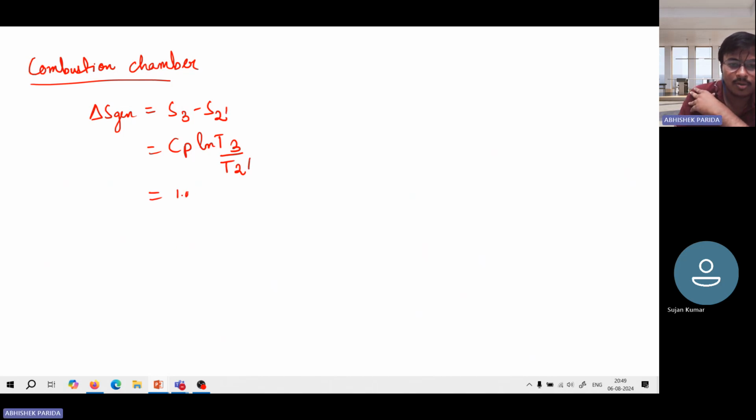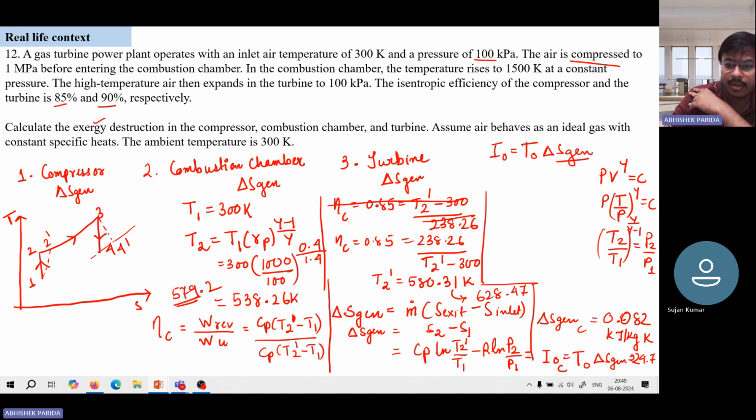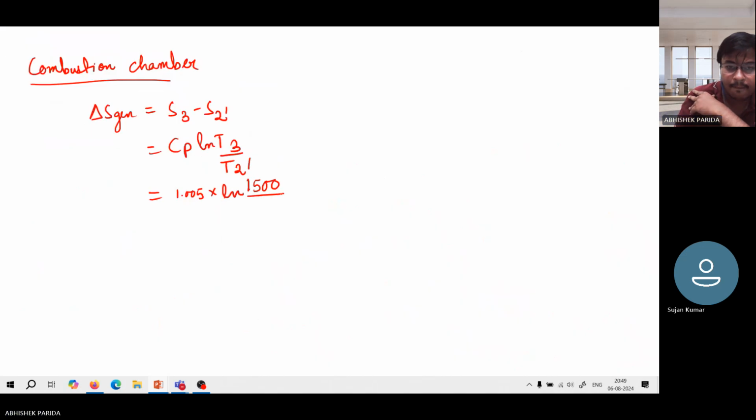So 1.005 into ln of 1500, how much is given? 1500 Kelvin, divided by 628.48.